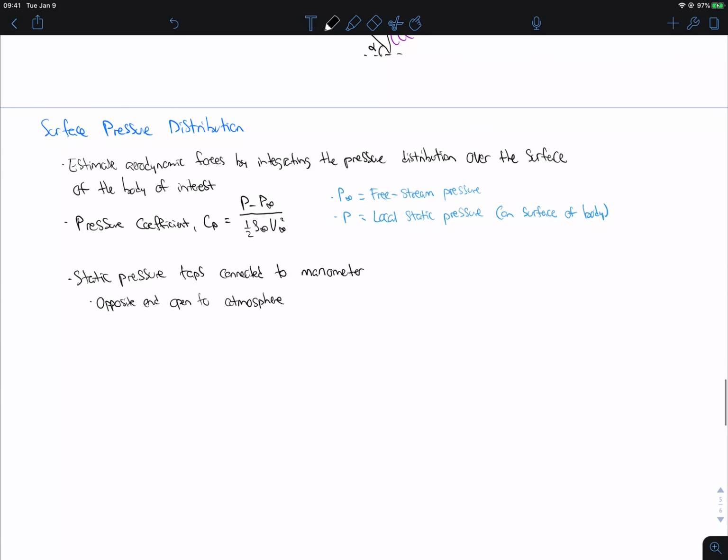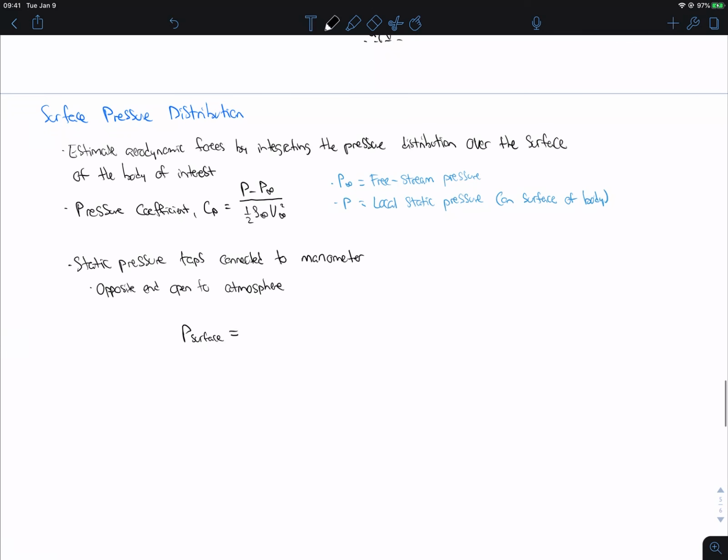Then we can find the static pressure on the surface of the body as P surface, again that's the static pressure, which is equal to our atmospheric pressure minus rho g h. That's just our hydrostatic equation kind of rewritten.